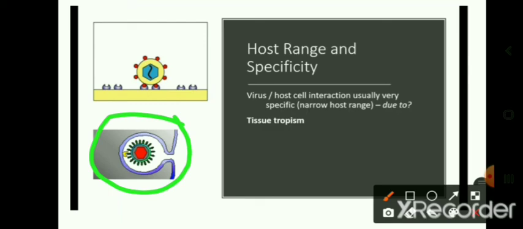Generally, the virus host range is narrower than that of bacteria, because they can only attack a particular host, and this specificity is known as tissue tropism.